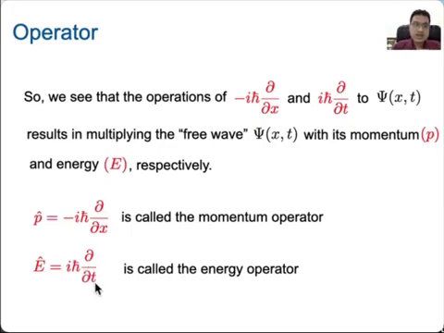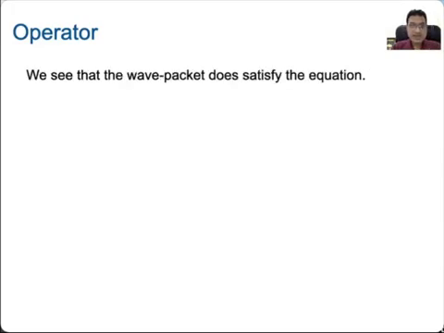These operators are equivalent to the differentiation operation that you have done in calculus. Let's say you have a function, for example sine x, and you want to differentiate with respect to x. When you perform d over dx of sine x, you will get cosine x. In that case the left hand side and right hand side are not the same.